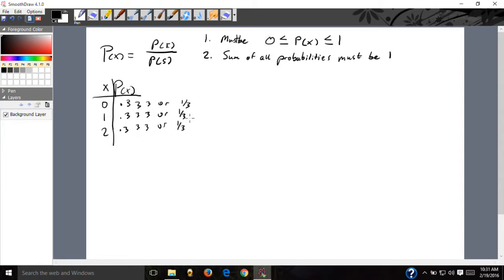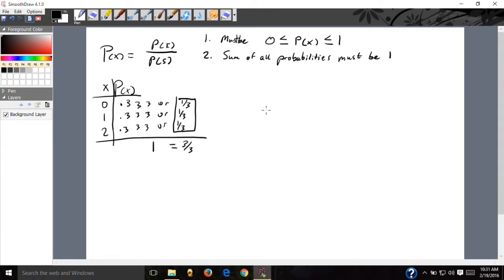If I added all of these together, they should total out to 1. And in fact, they do. 1/3 plus 1/3 plus 1/3 is, in fact, 3 over 3, or 1. So, that's just the basic concepts of probability.